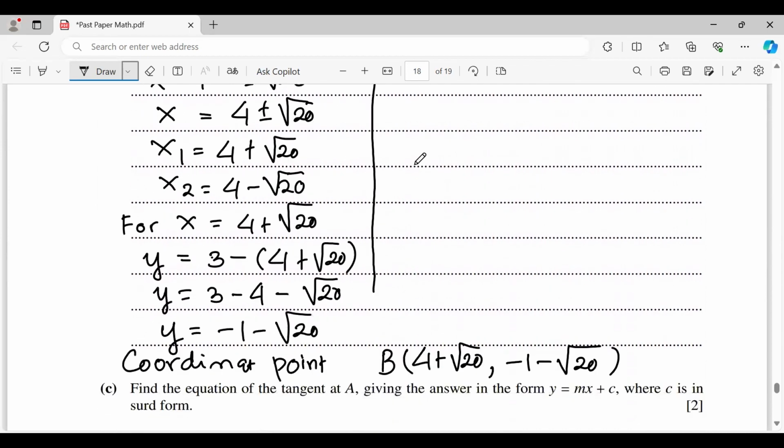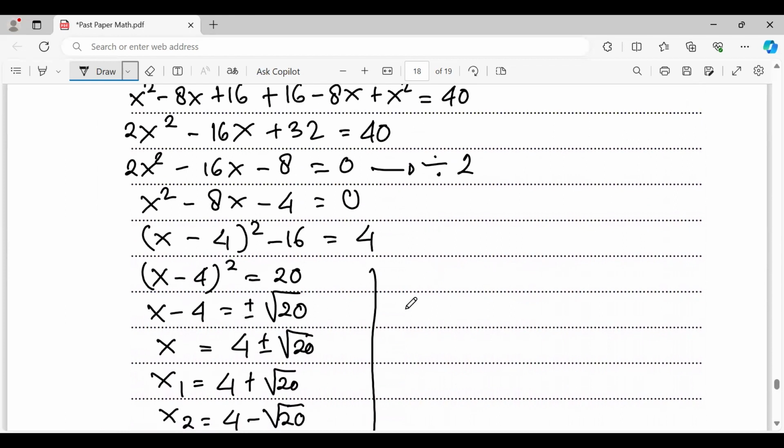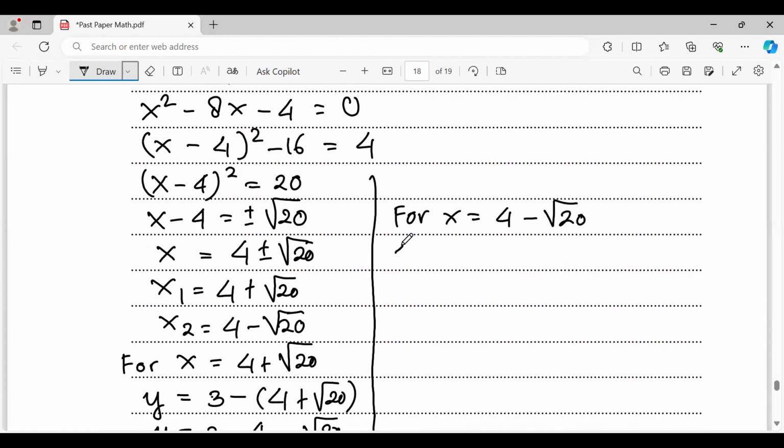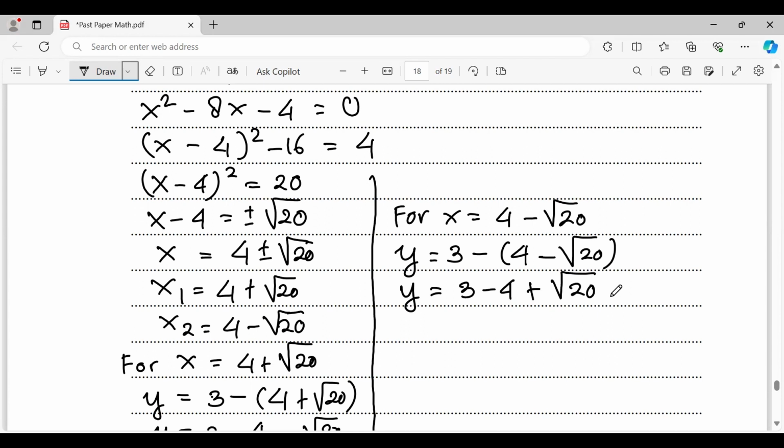Now x equals 4 minus square root 20. Y equals 3 minus 4 minus square root 20. So y equals 3 minus 4 plus square root 20.